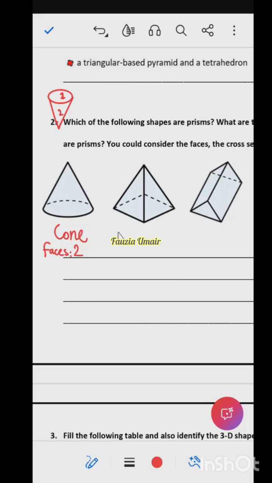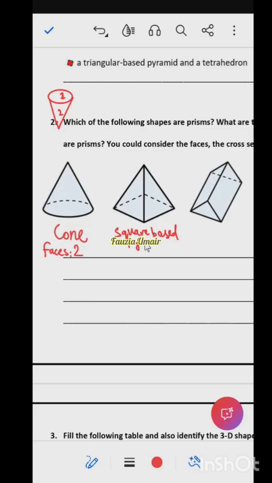Ma'am, triangular based pyramid. Is it a triangle in the base? This is not a triangle, sorry, square based pyramid. Okay, very good. So this is a square based pyramid.